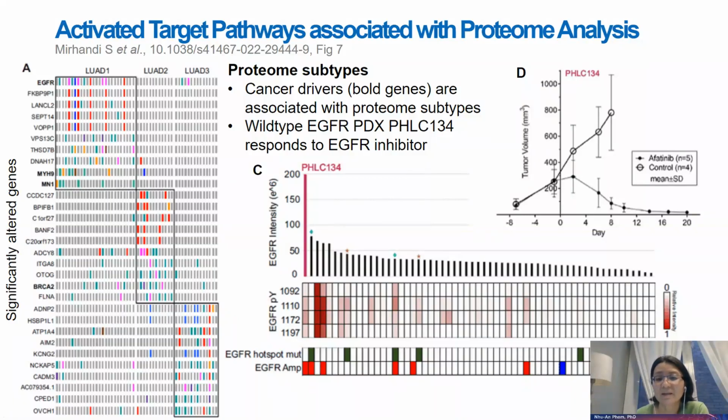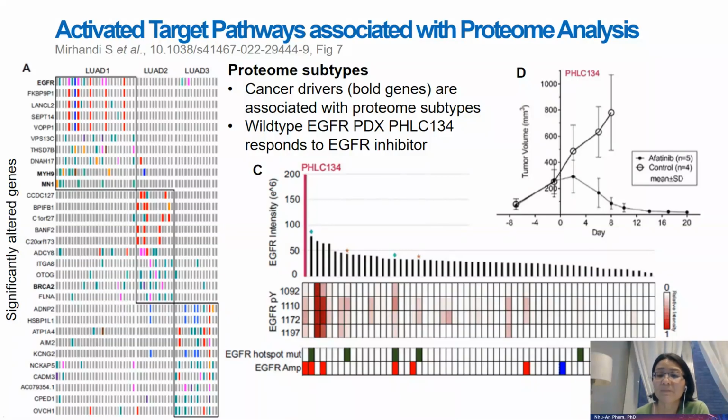Here you can see that from the genomics, we see that EGFR is amplified. And from the mass spec analysis of the proteins, total protein was much higher compared to any other lung adenocarcinomas, as you can see here plotted. And in the panel below, we can see the EGFR tyrosine phosphorylation sites here that are being activated.